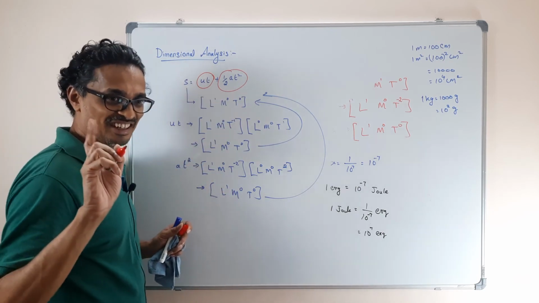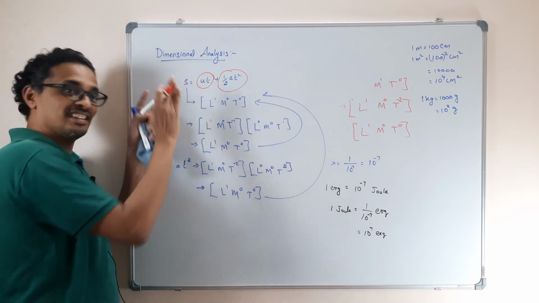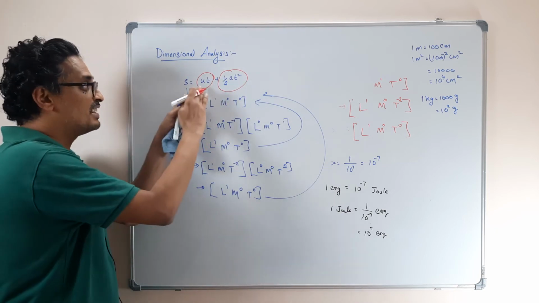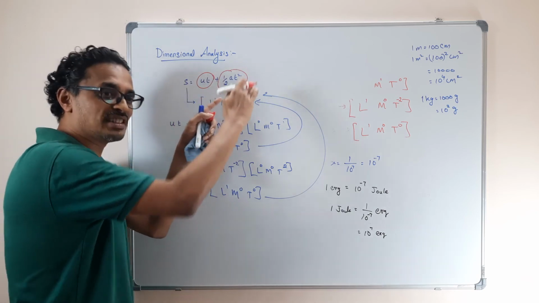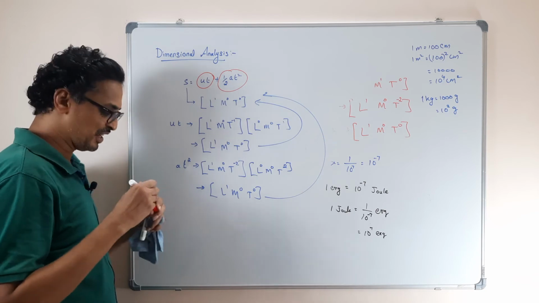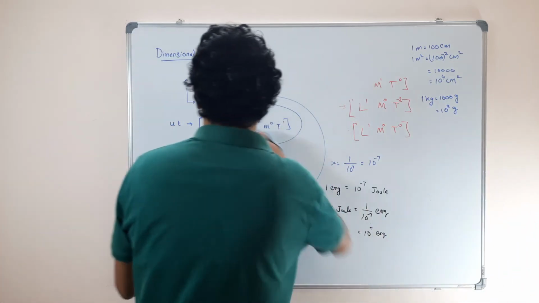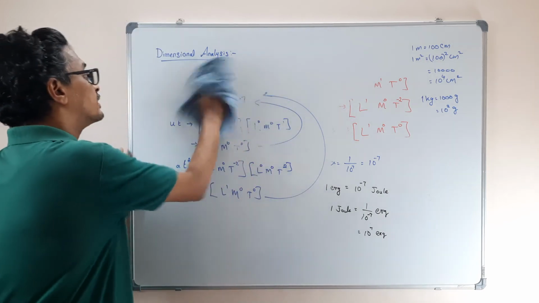The second thing is whether that dimension is matching with the LHS. That's the second part. The first part is in the RHS itself. If different terms have different dimensions, surely you are making some mistake. These are the easiest steps to find out.